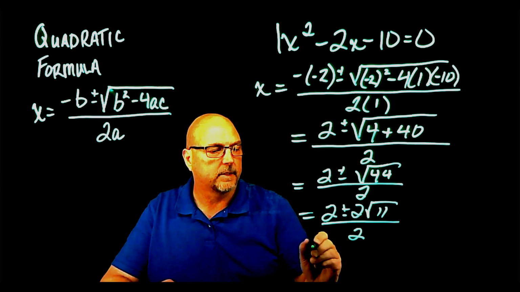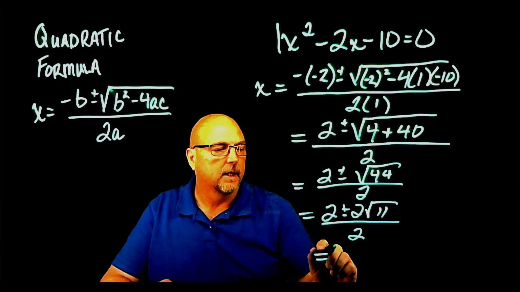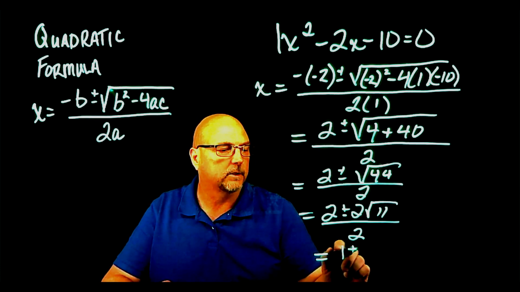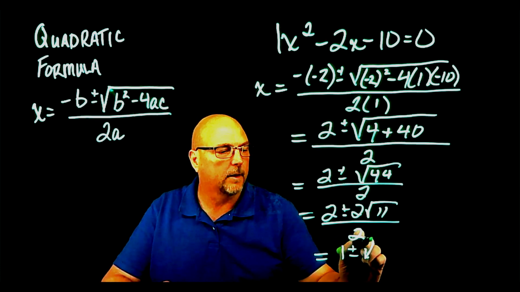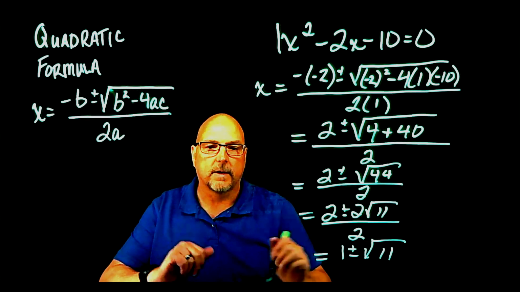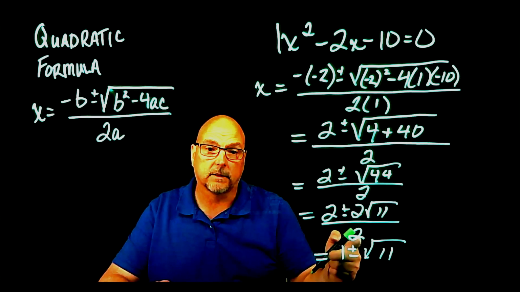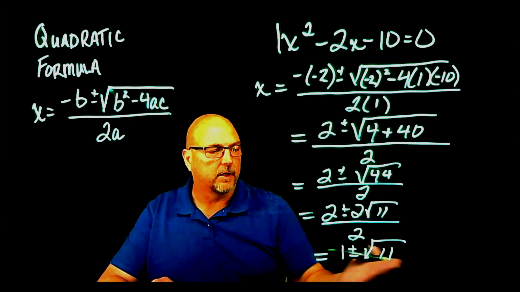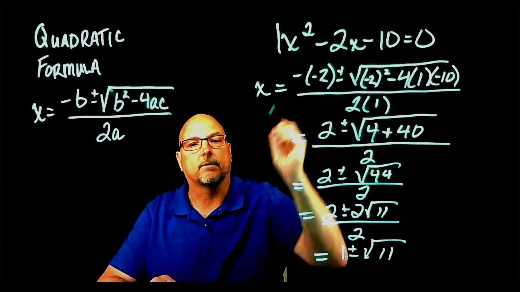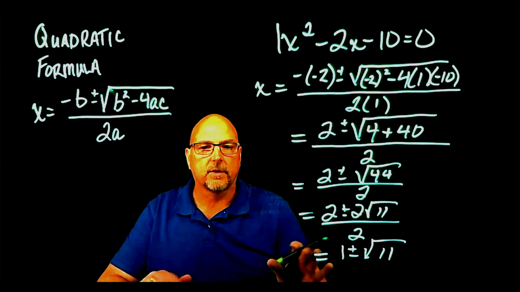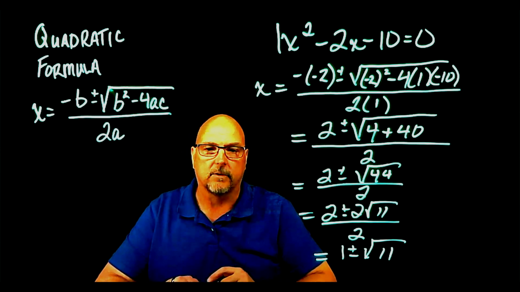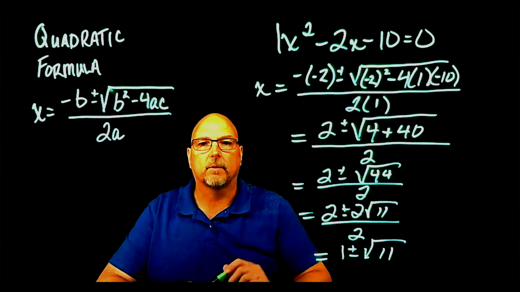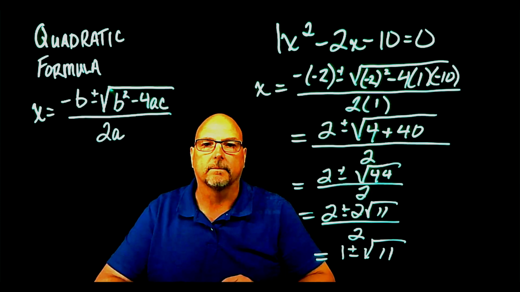And when I simplify that, when I reduce it, I have 1 plus or minus the square root of 11. So we have two solutions here, 1 plus the square root of 11 and 1 minus the square root of 11. That makes sense because we have a quadratic equation. So this is a kind of easy one for us. Let's look at one that's a little bit more medium.